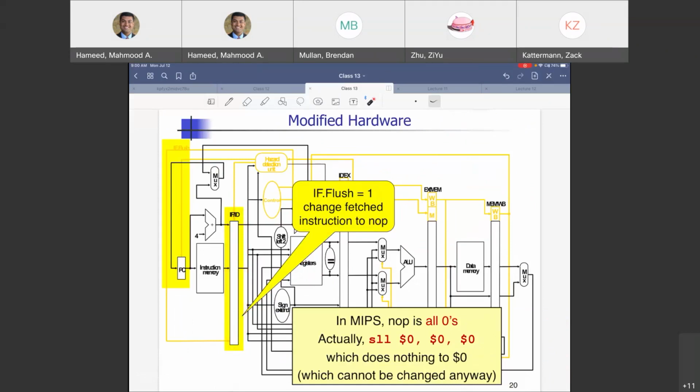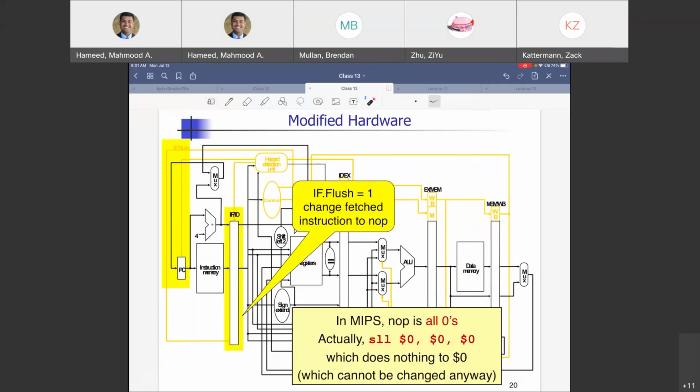All 32 zeros corresponds to a NOP, which is actually shift logical left, register 0, register 0, register 0, meaning you're essentially doing nothing there, right? Which does nothing to register 0, which couldn't have been written. We cannot change the contents of $0 anyway.